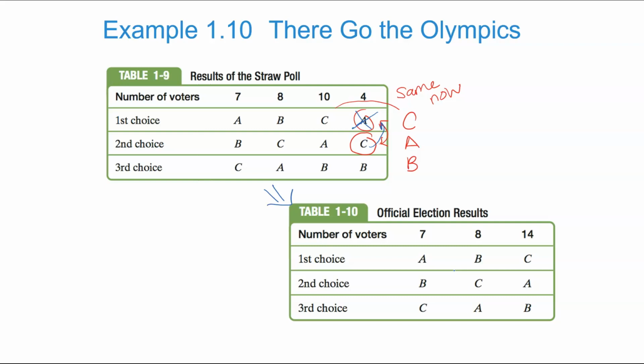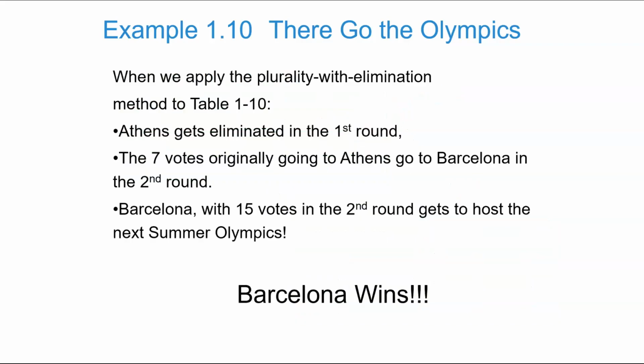So we still have to eliminate the candidate with the fewest first votes, which in this case is Athens. Now Barcelona gets moved up, and those 7 and 8 votes become 15 votes, and now Barcelona actually wins. So what happened here?